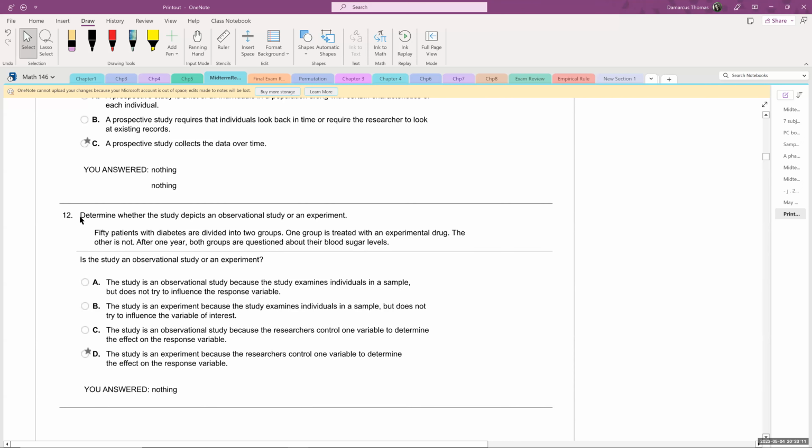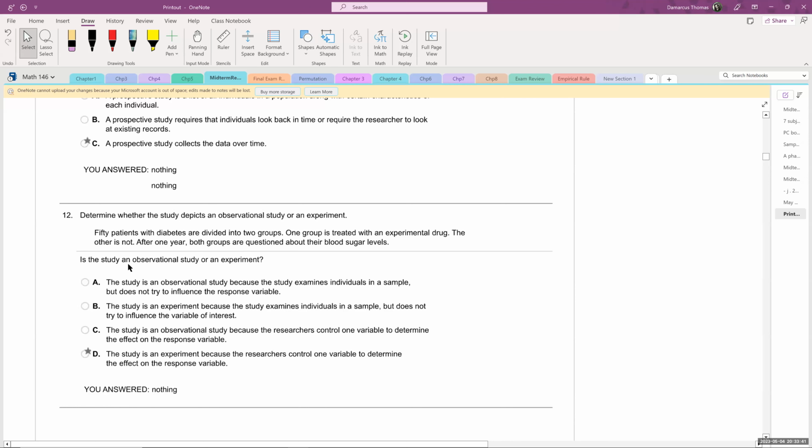Like a question like number 12, for example: determine whether the study depicts an observational study or an experiment. That comes from chapter 1. 50 patients with diabetes are divided into two groups. One group is treated with an experimental drug. The other is not. After 1 year, both groups are questioned about their blood sugar levels.